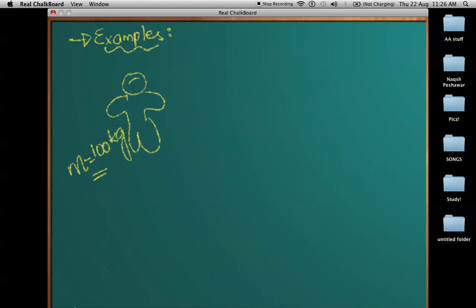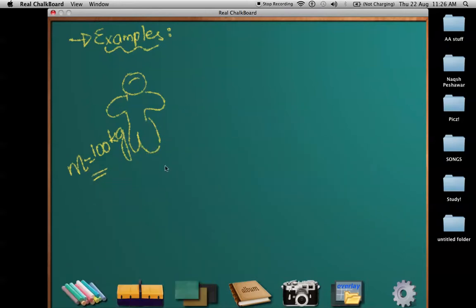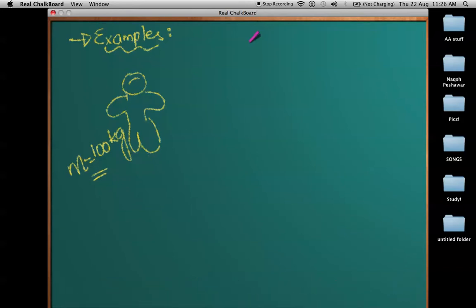So the first question says, how much does he weigh on Earth, where the gravitational field strength, or the gravitational acceleration, is 9.81 meters per second square, or in some cases, as I've told you, it can also be taken as 10 meters per second square.